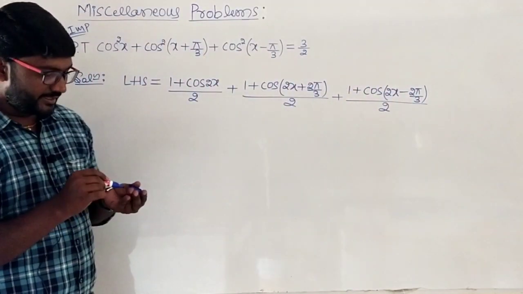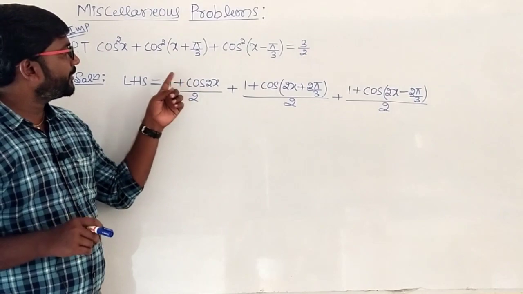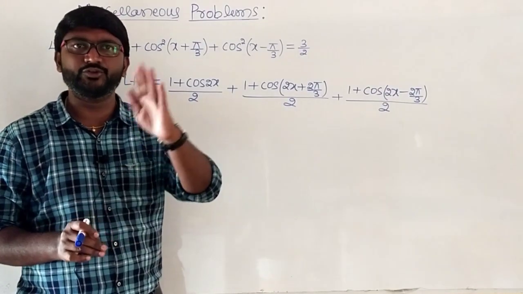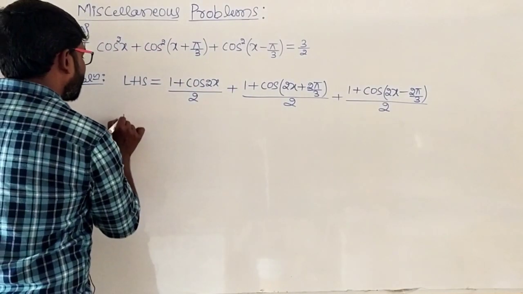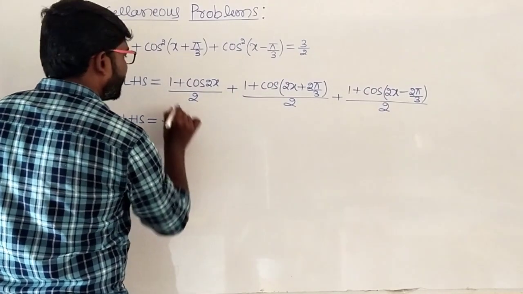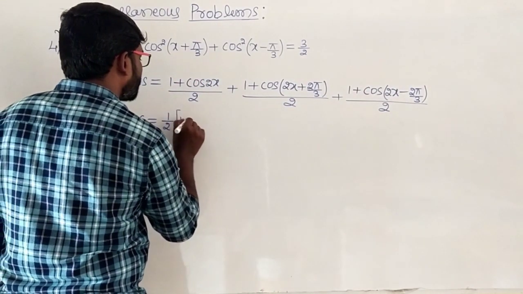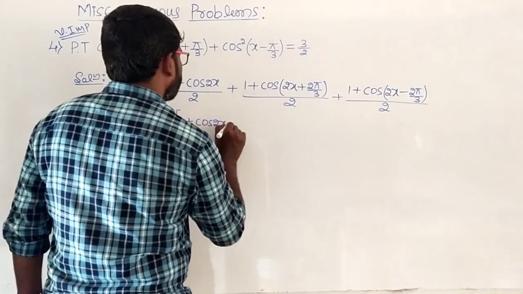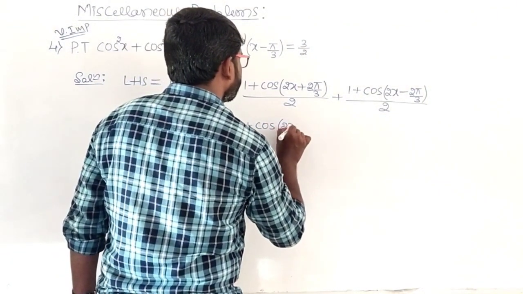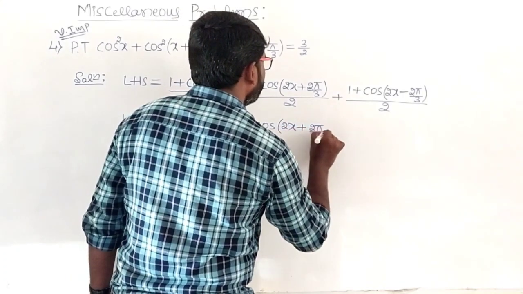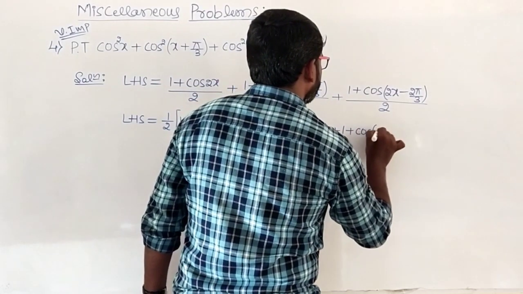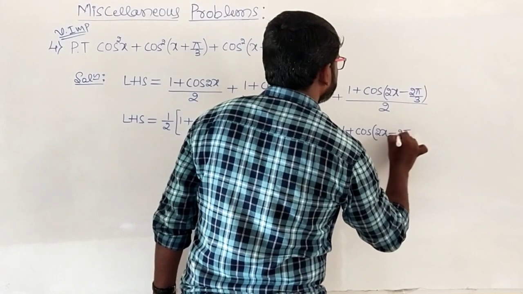Now see here, in all the 3 terms we have 1 by 2 common, since 2 is in the denominator. So I take 1 by 2 outside, LHS is equal to 1 by 2, then I write the remaining terms. We are left with 1 plus cos 2x, then plus 1 plus cos of 2x plus 2 pi by 3, plus 1 plus cos of 2x minus 2 pi by 3.